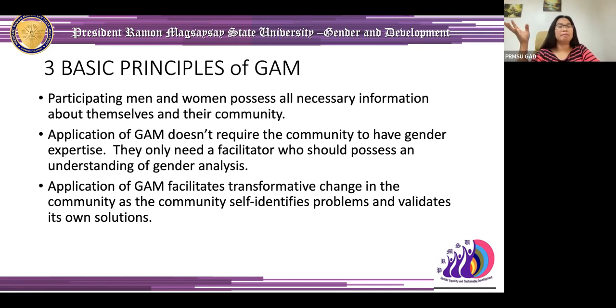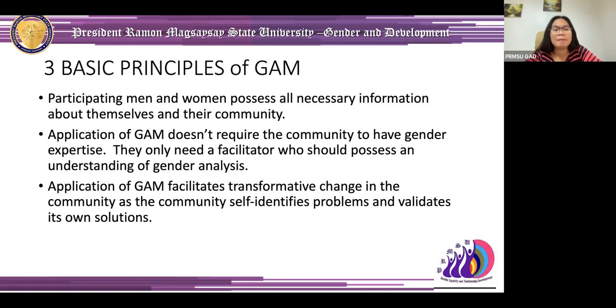But, our perception about their problem may be different from the actual problem that they have identified. So, lagi po natin iisipin that they know what their problems are. Kaya nga sinabing participating men and women possess all necessary information that we need. So we ask them their problems. We analyze together with them how we can resolve those issues and concerns.